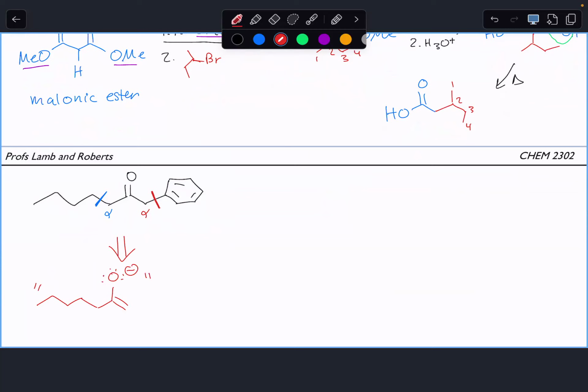Okay, I'm going to put that in quotes again, because we don't know if that nucleophile exists yet. And then I would need my right side of the molecule to be my electrophile. Anybody see any problems with that?